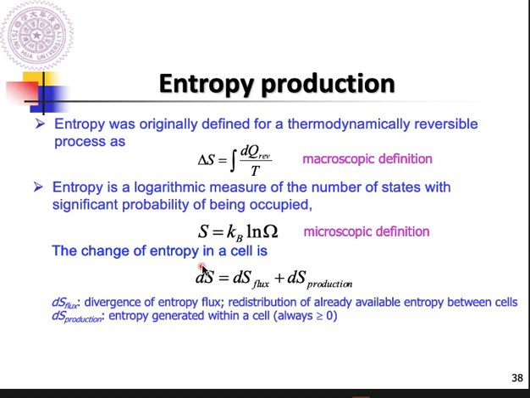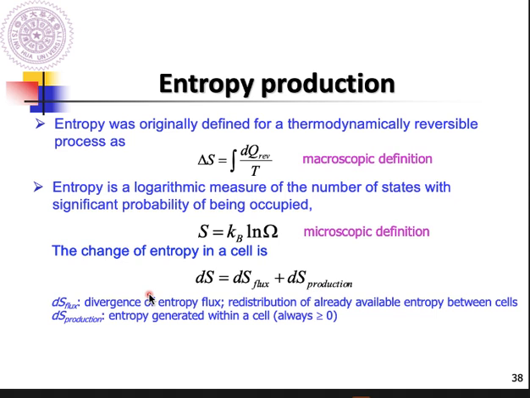Based on this concept, we say the change of the entropy in a cell, which we define as the system you are interested in, equals the entropy change from the surroundings, which we call dS flux, plus the change of entropy produced by itself.